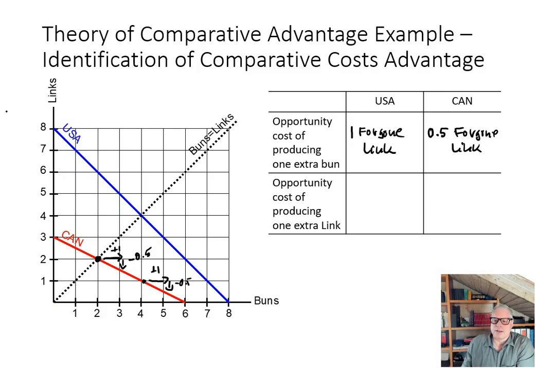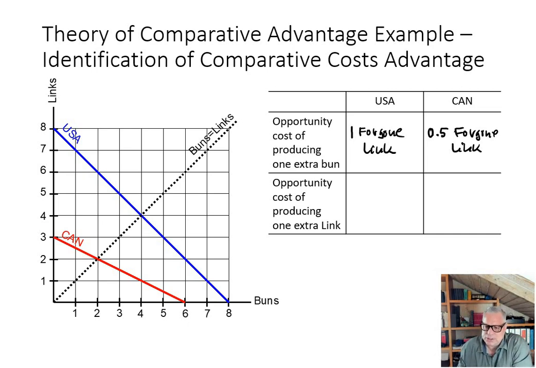So now David Ricardo said that Canada has a comparative advantage in producing buns, because when Canada produces one extra bun, it needs to forgo very little link. So it's relatively cheap for Canada to produce a bun.